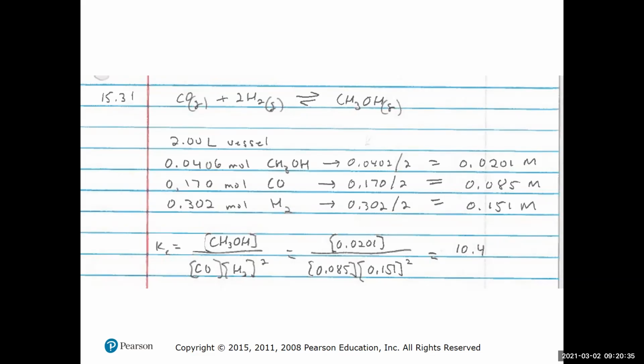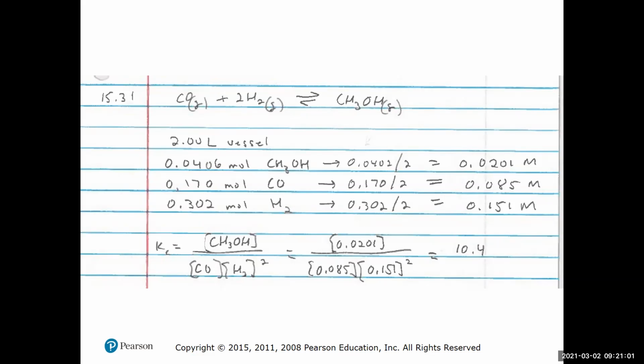Then it's simply a matter of plugging in the concentrations for those 3 components. We were given the moles: 0.0406 moles of methanol, 0.170 moles of carbon monoxide, and 0.302 of hydrogen. But we're in a 2-liter vessel, so we can't just plug the mole value in.